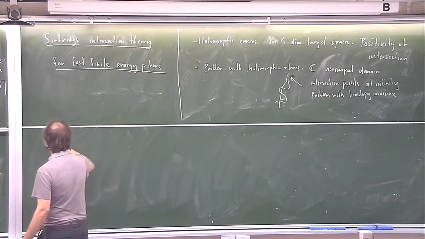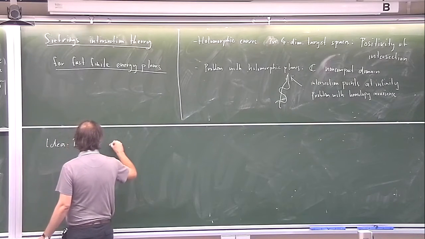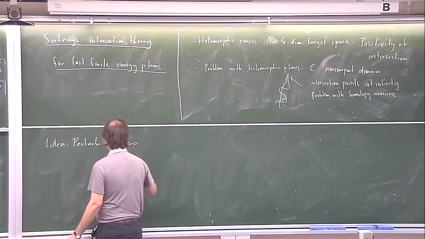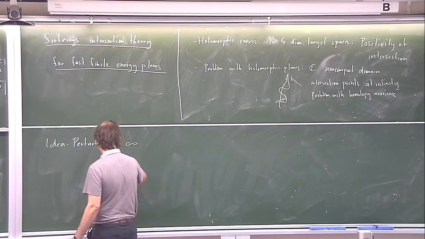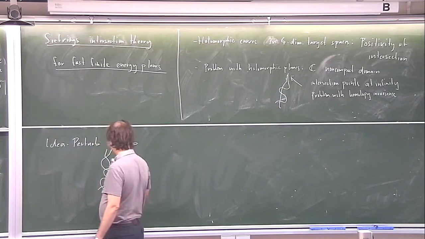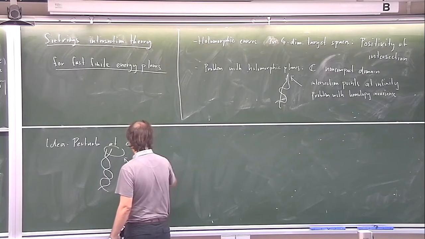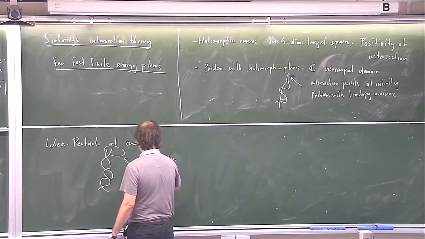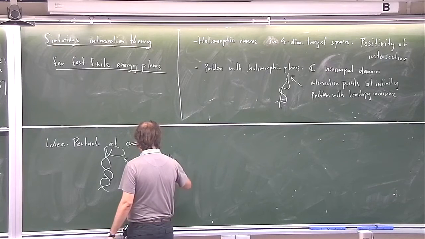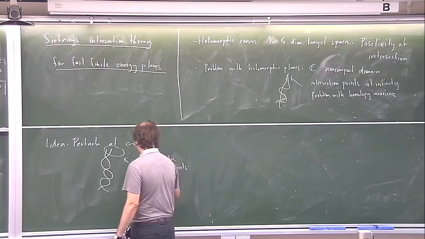So the idea is to perturb at infinity. We have this, but now we perturb this, so we go somewhere else. Then we have no asymptotic intersection, and then we have homotopy invariance.